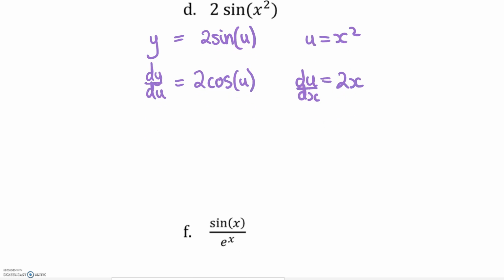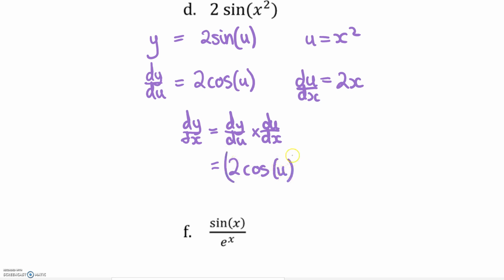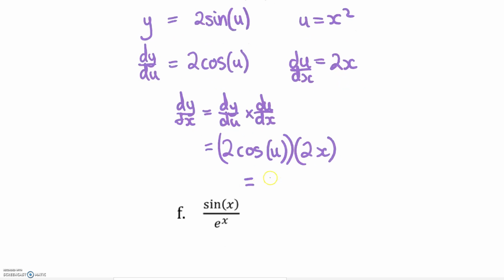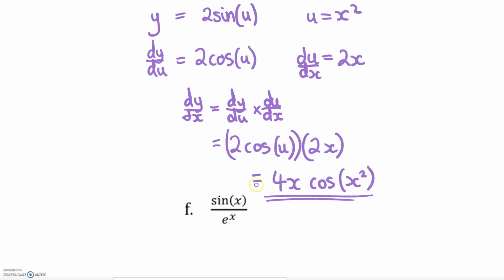So when we multiply these two together, we're going to get dy by dx is equal to dy by du multiplied by du by dx. So this is actually equal to 2 cos u multiplied by 2x. So this actually comes out at the front as 4x cos, and then instead of writing u, I'm going to put back in what was in there originally.